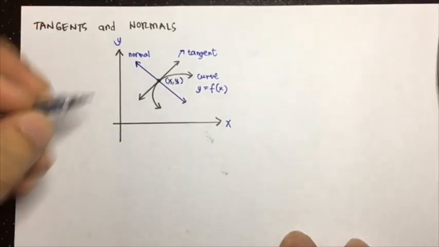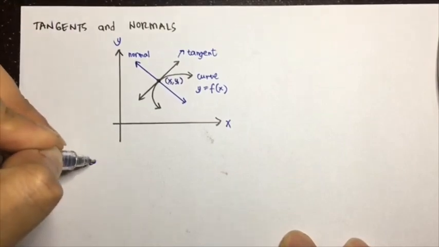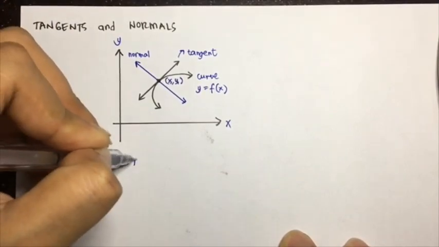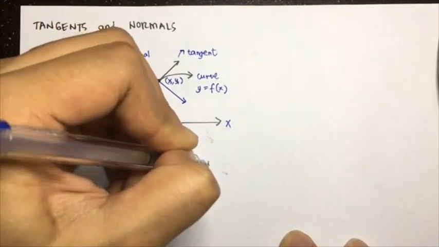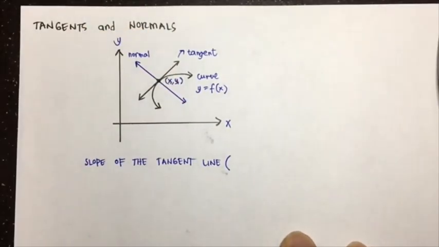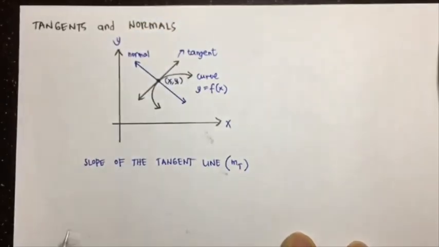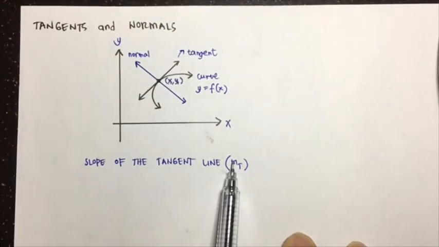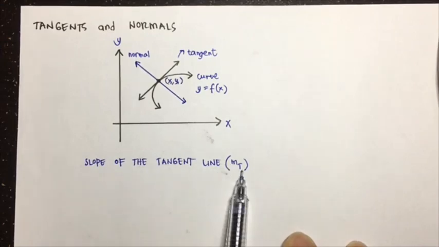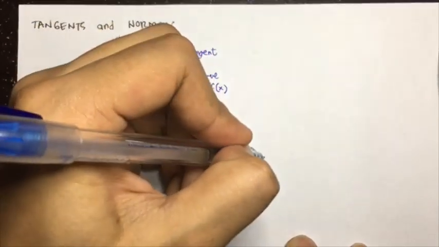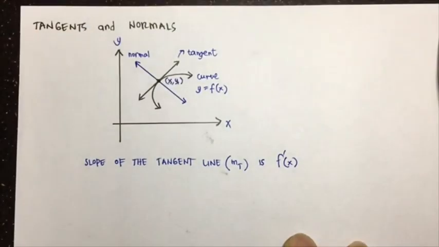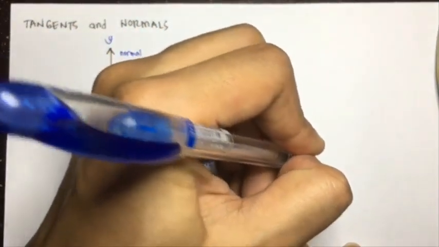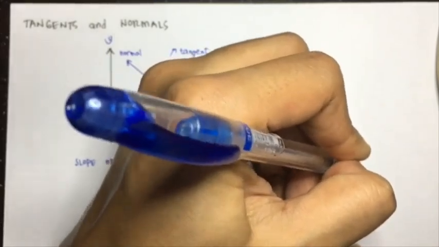So we have to take note that, according to the derivative, the slope of the tangent line, let's call that mt, where m stands for the slope, is f prime of x, or the derivative, at x1 and y1.